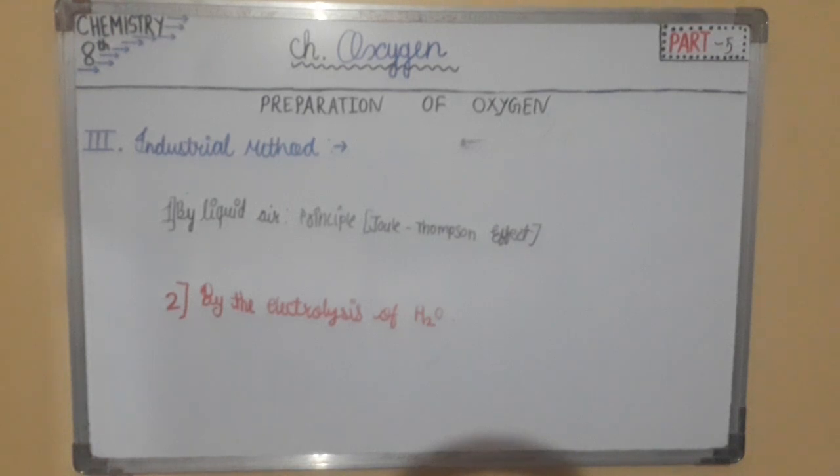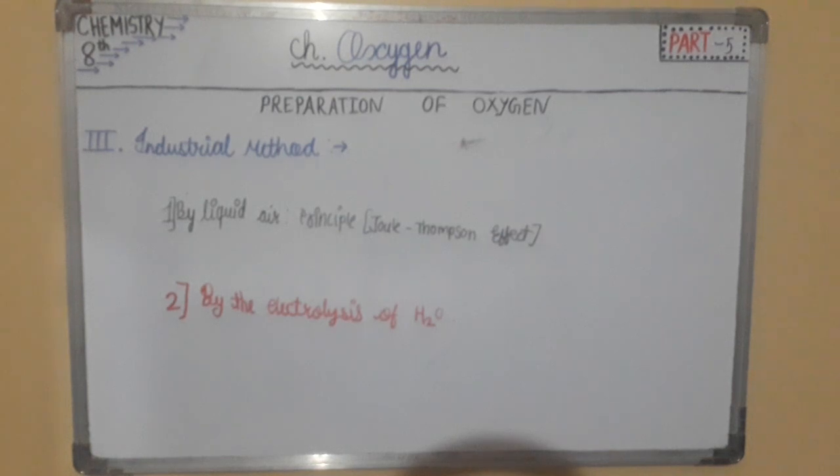The electric current dissociates the water molecule into hydroxide OH- and hydrogen H+ ions. 2H2O gives 2H2 plus O2.